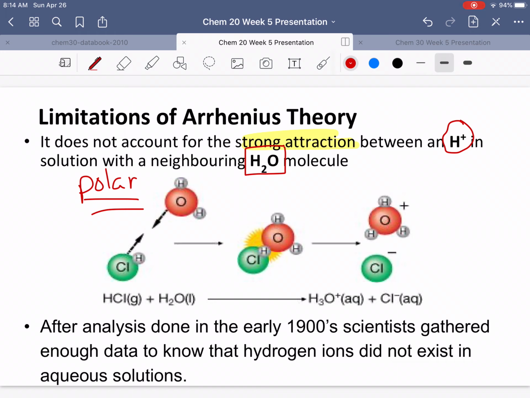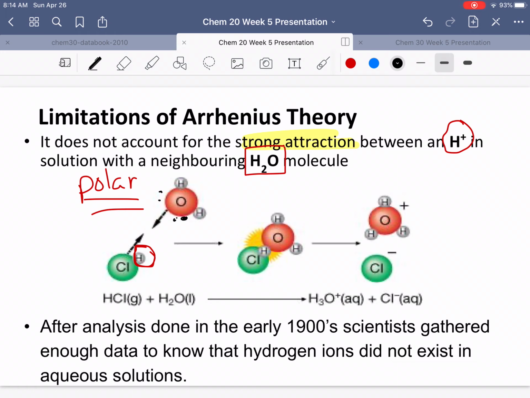Now, ultimately, what happens is you end up with that very positive hydrogen. Do you remember that we talked about hydrogen essentially being naked? Once you remove that electron, all that's left is a proton for hydrogen. It is very, very positive with no electron shielding it whatsoever. So we have that naked positive hydrogen that's super attracted to the lone pairs of electrons on oxygen.